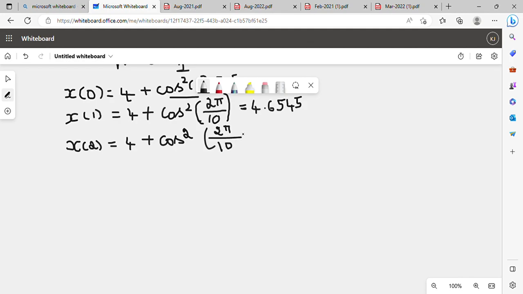My n is 2, so you can directly write it as 4 pi by 10, or simplify it to 2 pi by 5. So 4 plus cos square 2 pi by 5, you are going to get 4.0959, just a minute, I am so sorry.